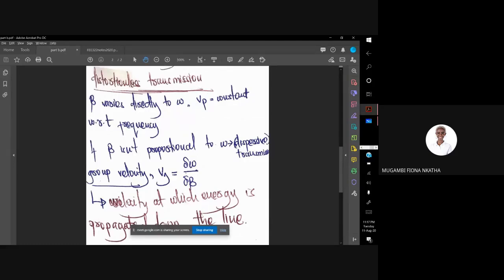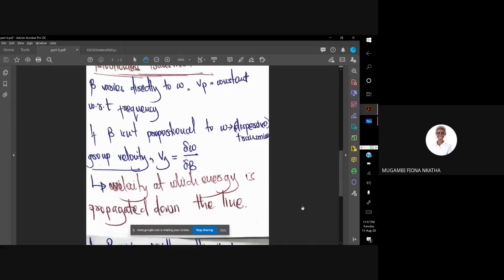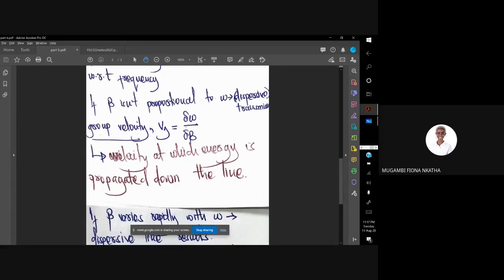For non-sinusoidal waves, they travel at different velocities. If the phase coefficient isn't proportional to omega, there's dispersive transmission, and then we have something called the group velocity, which is delta omega over delta beta.